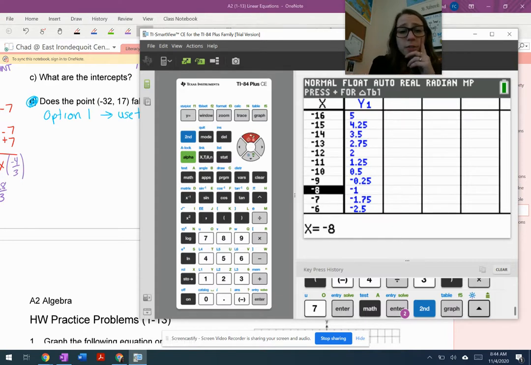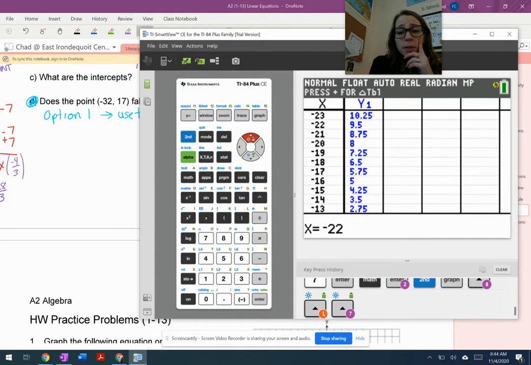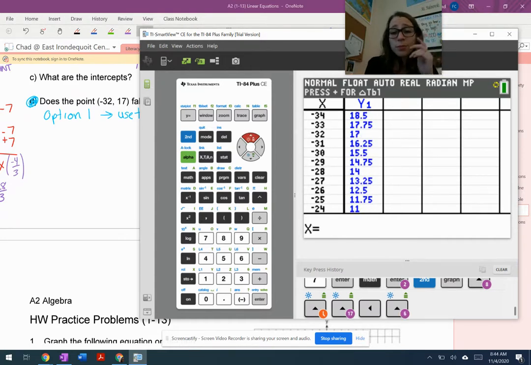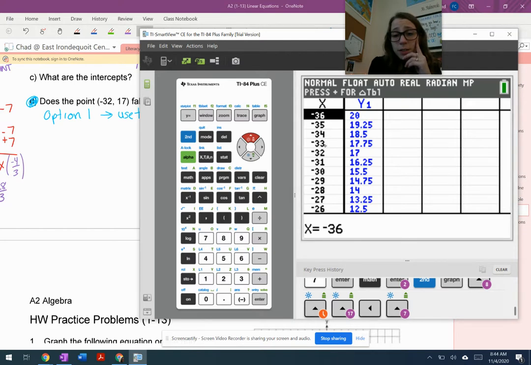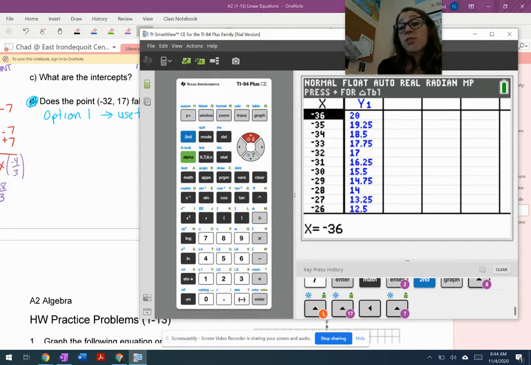Look for -32/17. Takes a little bit of scrolling, but hey, especially if you don't like to do too much math. All right, so there's -32/17 right there showing up in my table. So that leads me to conclude that yes, it does fall on the line.